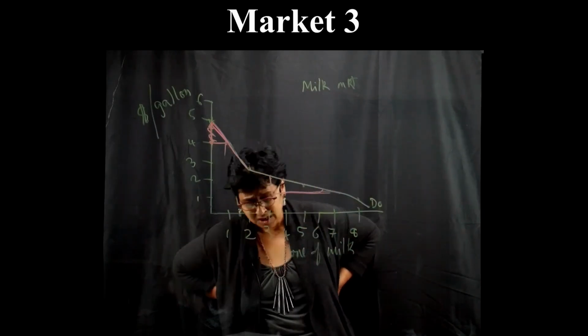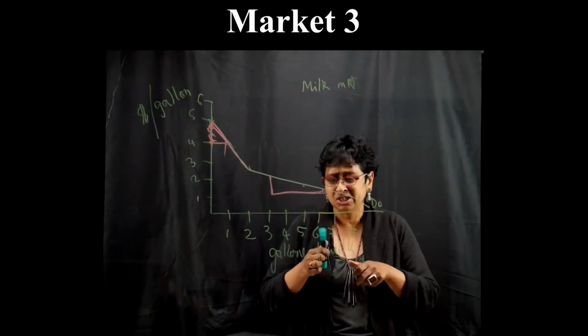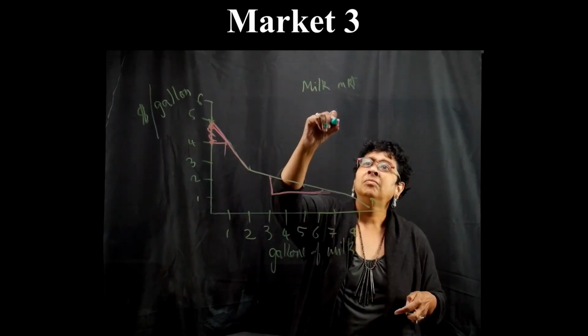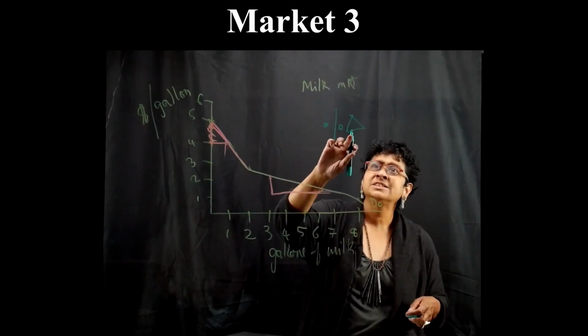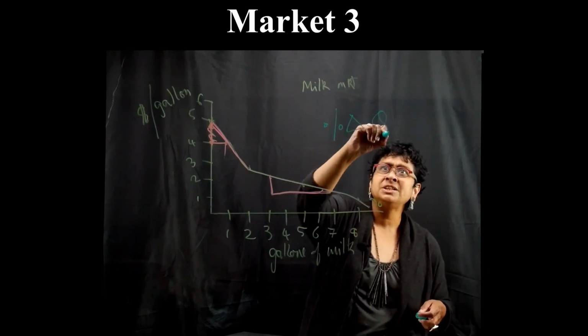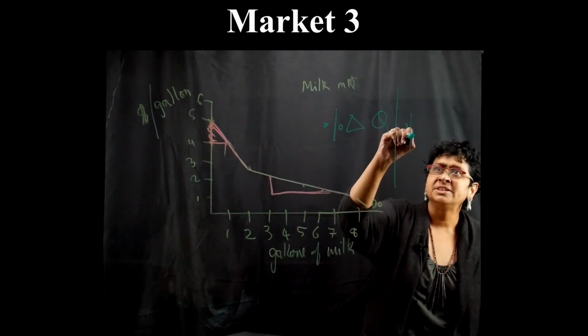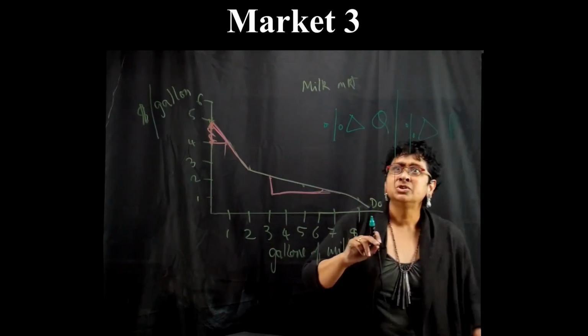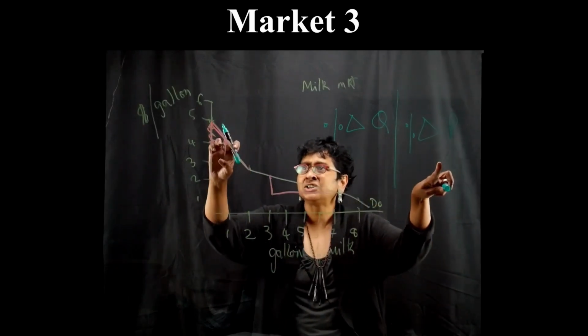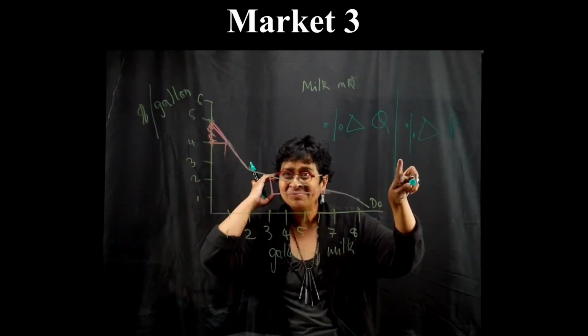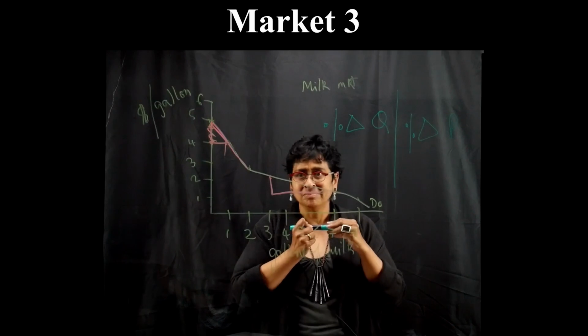We measure this by looking at the percentage change in Q, that delta sign is change in quantity, in relation to the percentage change in P. So in order to figure out elasticity, I need to know where I'm starting from, and I need to know the level of change I'm making.